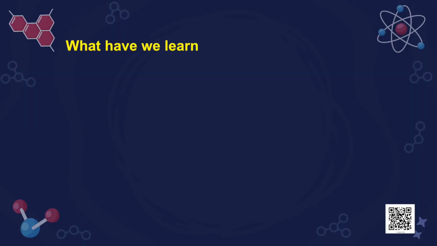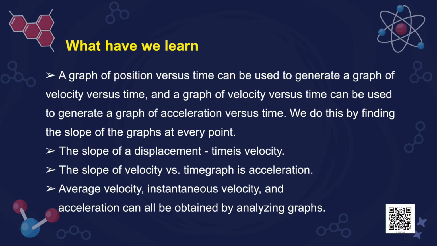Now, let us recall what we have learnt in this session. A graph of position versus time can be used to generate a graph of velocity versus time, and a graph of velocity versus time can be used to generate a graph of acceleration versus time. We do this by finding the slope of the graphs at every point.